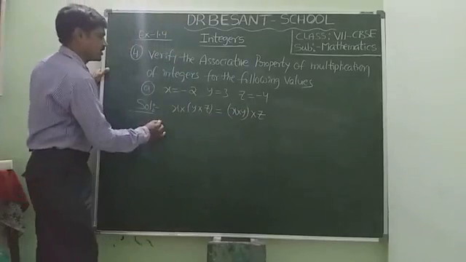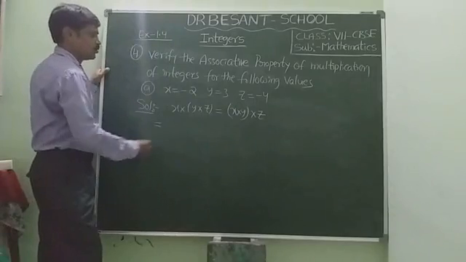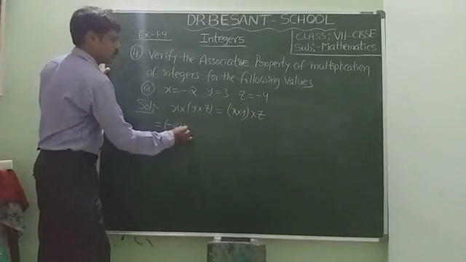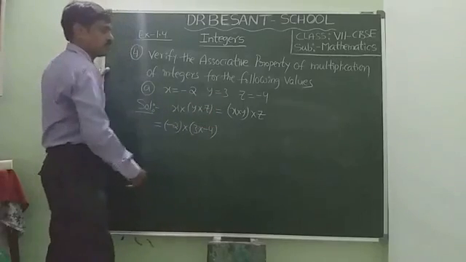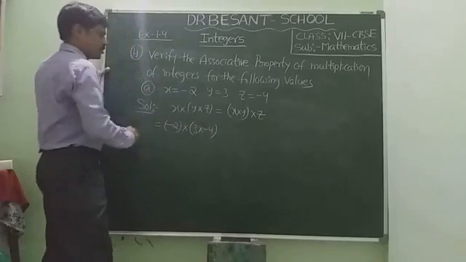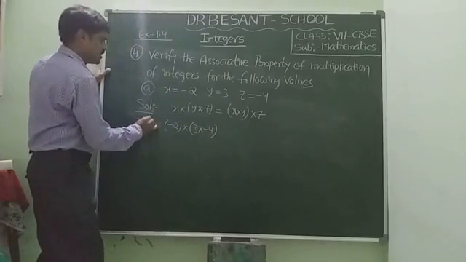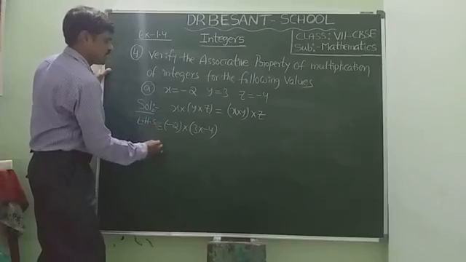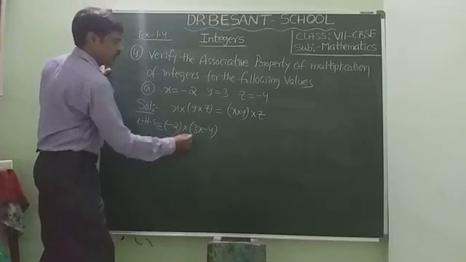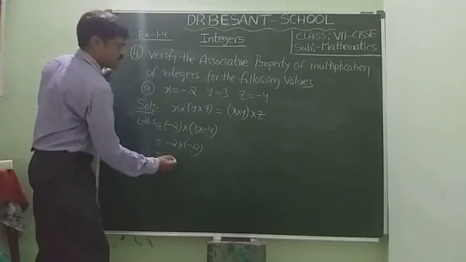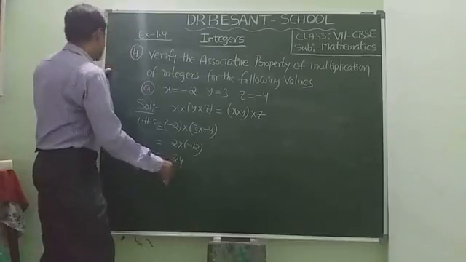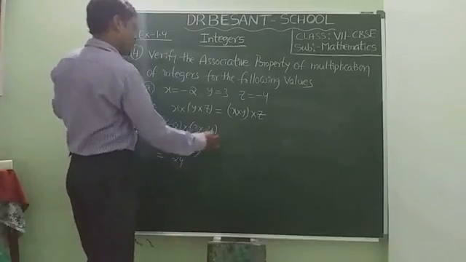So x is equal to minus 2, that means minus 2 into y into z, 3 into minus 4. Okay, so this is the LHS, that is equal to minus 2 into 3 4s are minus 12, minus 2 into minus 12, that is equal to 24.